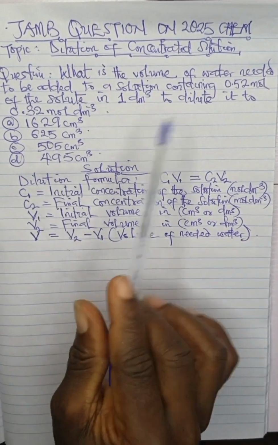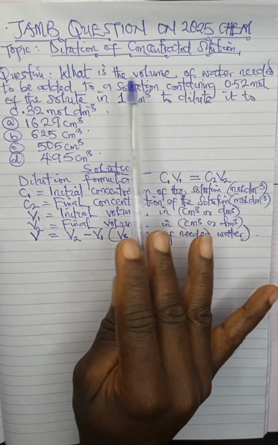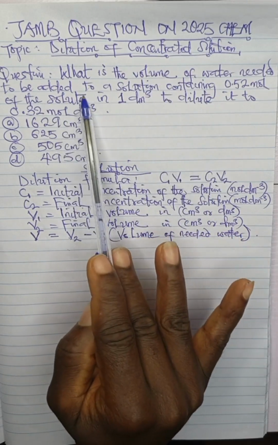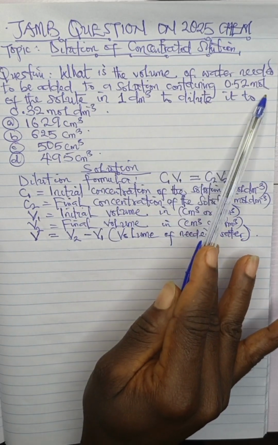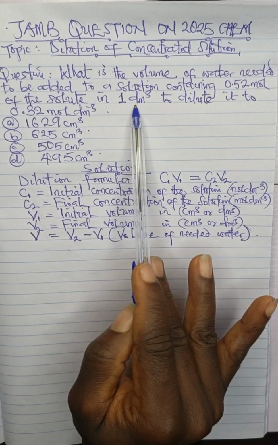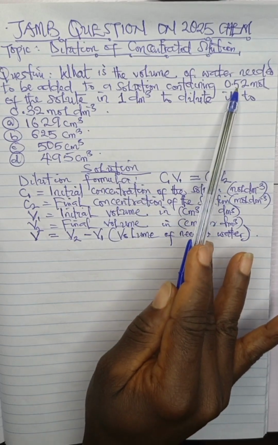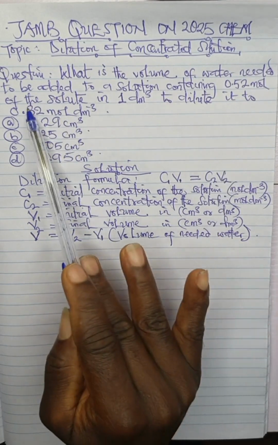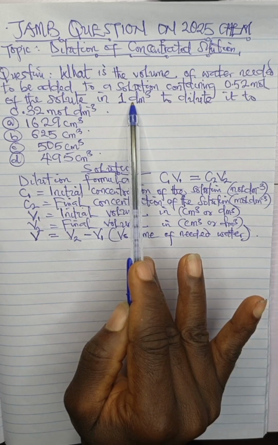So, we have to now get the parameters given in the question. What volume of water needed to be added to a solution containing 0.52 mole of the solute in 1 dm cube? So we have 0.52 mole as the initial mole and 1 dm cube as the initial volume.